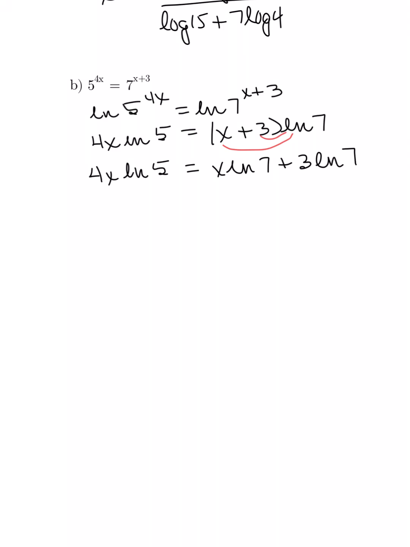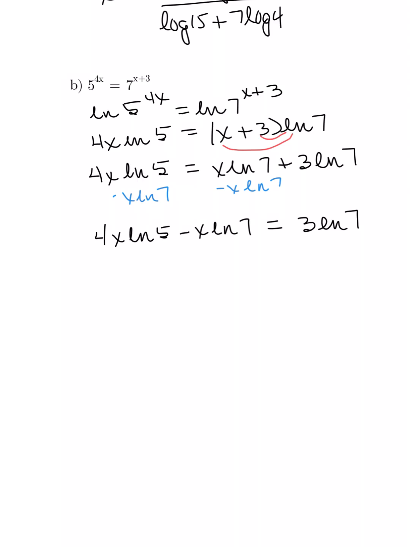Now we need to get our variable terms on one side. I'm going to subtract x natural log of 7 on both sides, giving my left side as 4x natural log of 5 minus x natural log of 7 equals 3 natural log of 7.